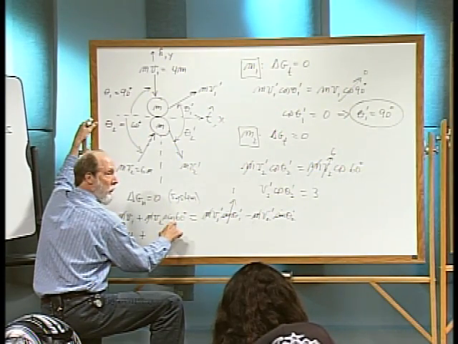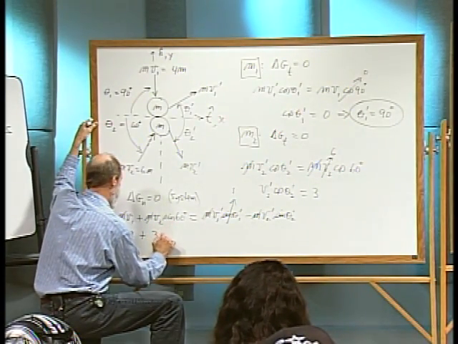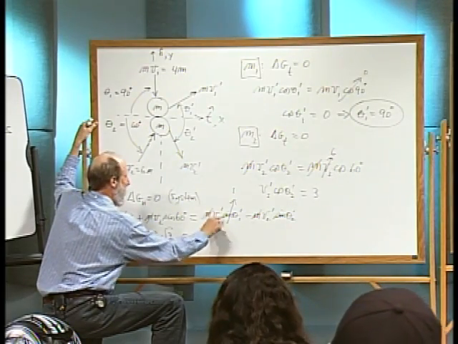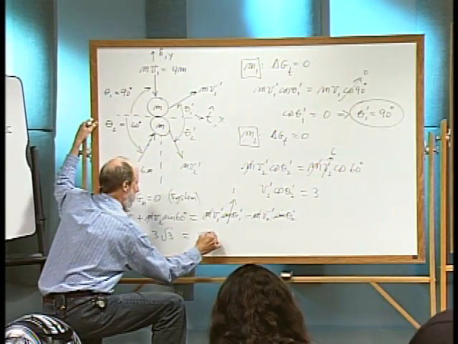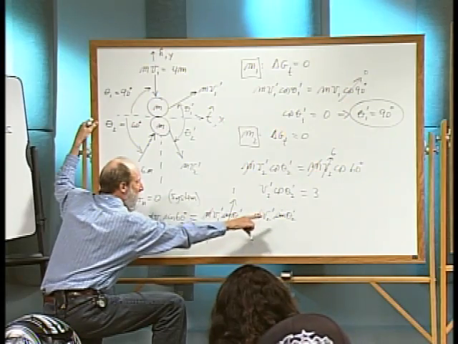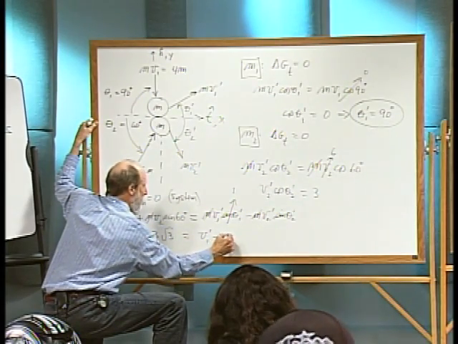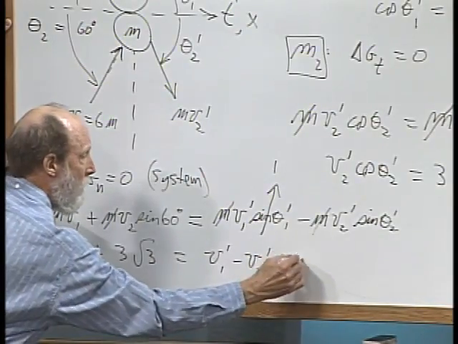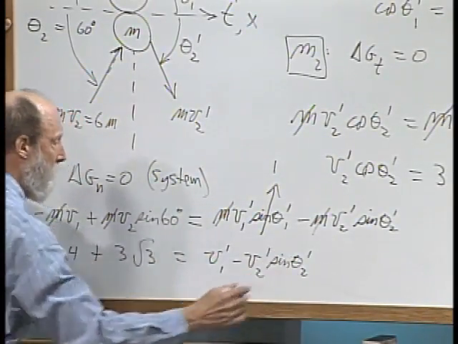That's 3 square root of 3. And that must be equal to V1 prime minus V2 prime sine theta 2 prime.